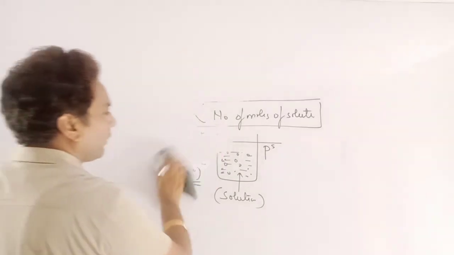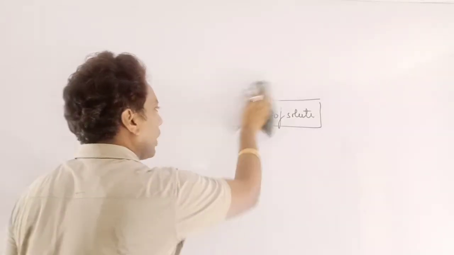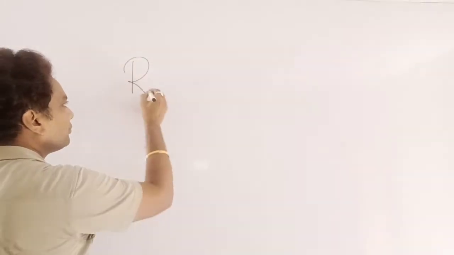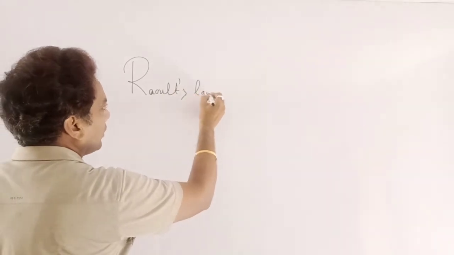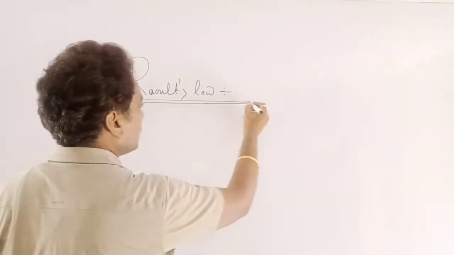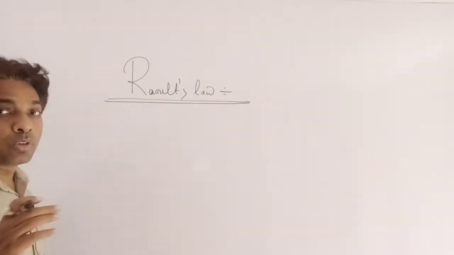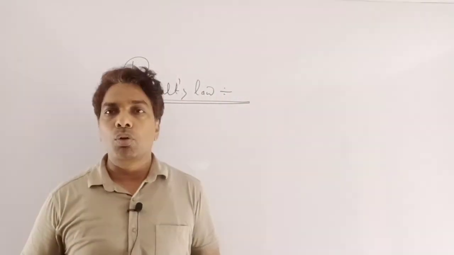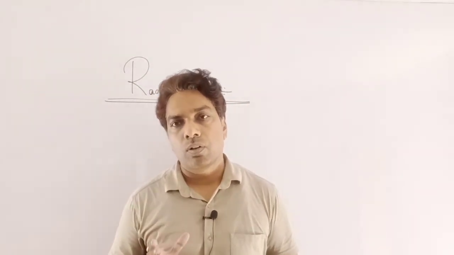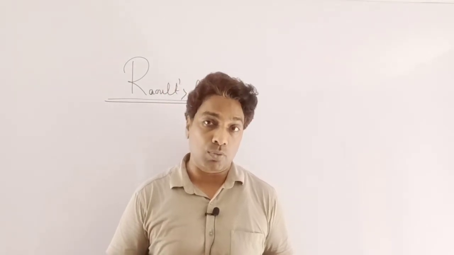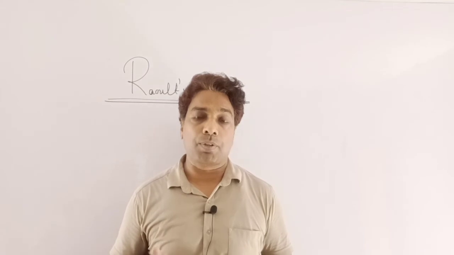For the colligative property of lowering of vapor pressure, Raoult gave an experimental observation which is known as Raoult's law. According to Raoult's law, the relative lowering of vapor pressure is directly proportional to the number of moles of solute, or relative lowering of vapor pressure is equal to the mole fraction of solute.